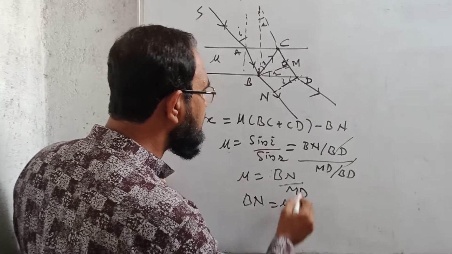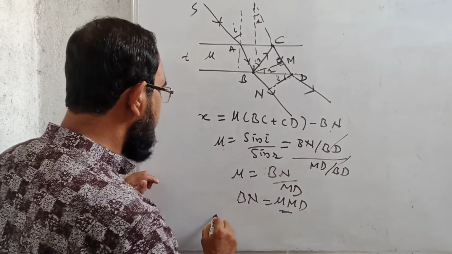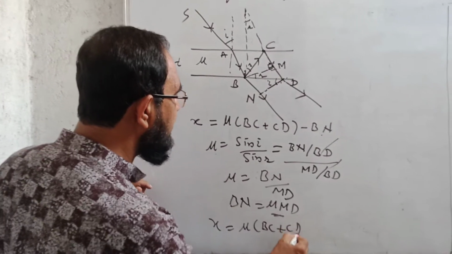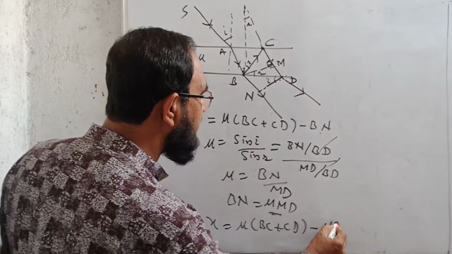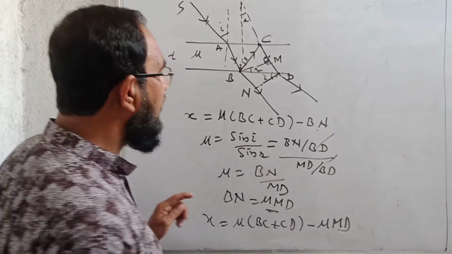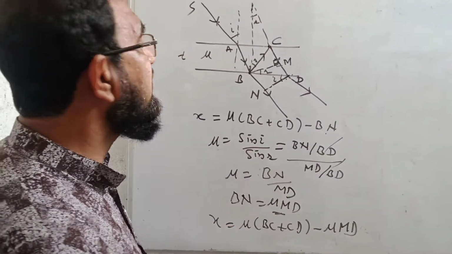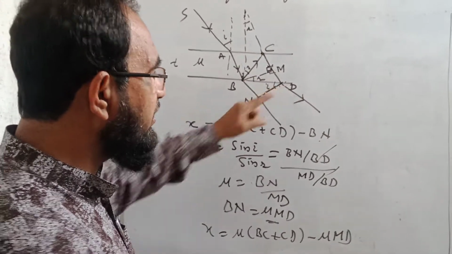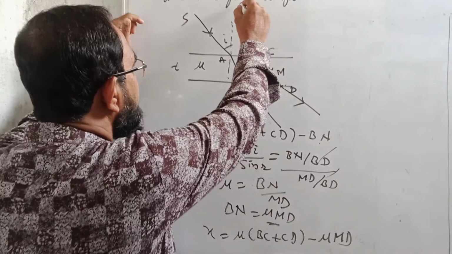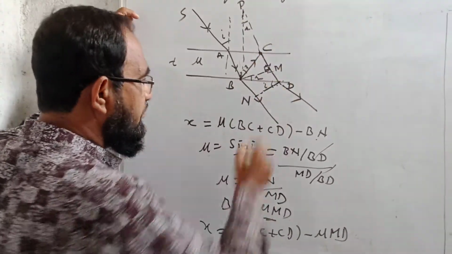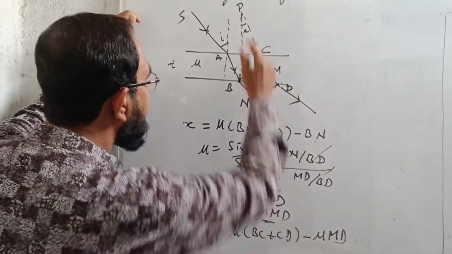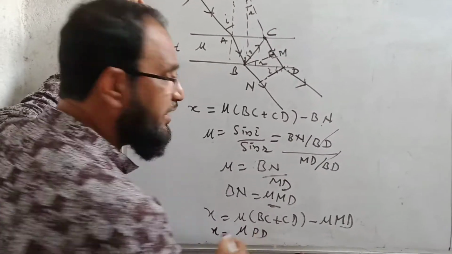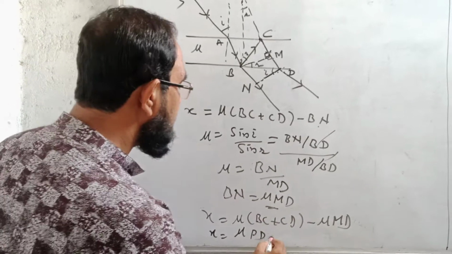So I will substitute this value of BN here, so that x becomes mu into BC plus CD minus mu MD. Now what is BC plus CD? BC plus CD is equal to this distance PD. So for this I can write PD: x is equal to mu PD minus mu MD.